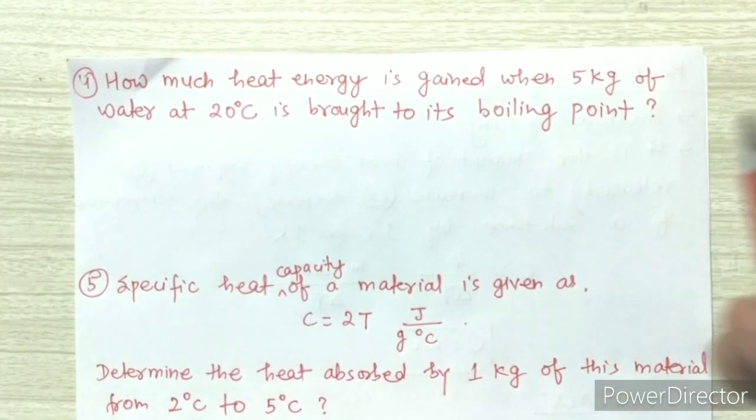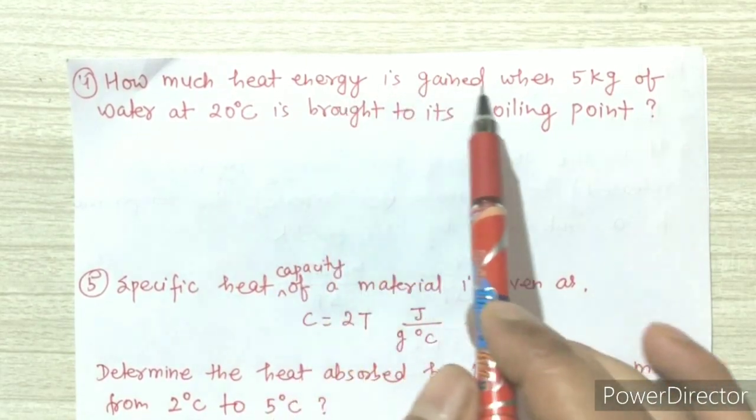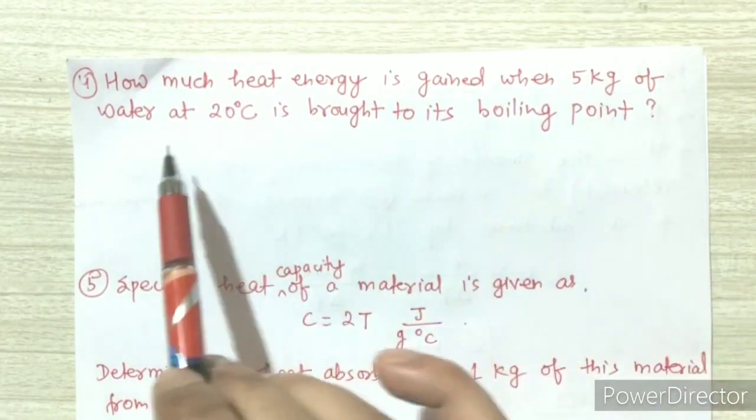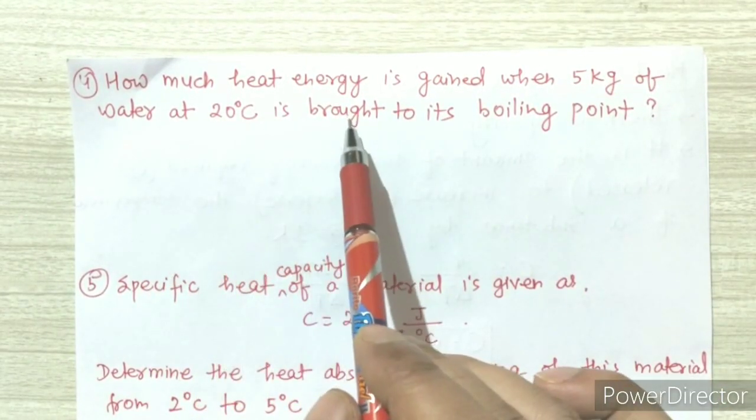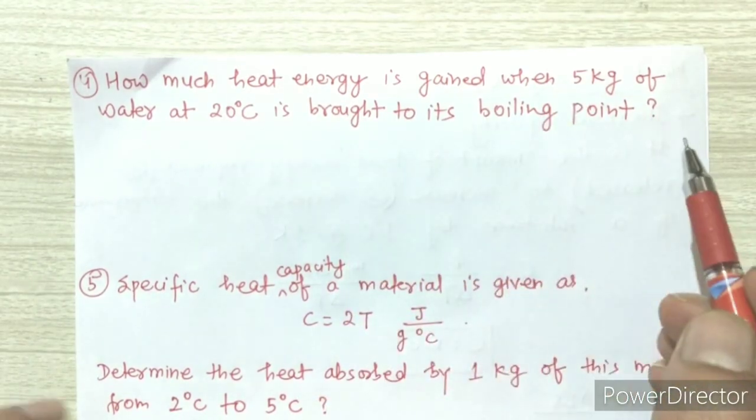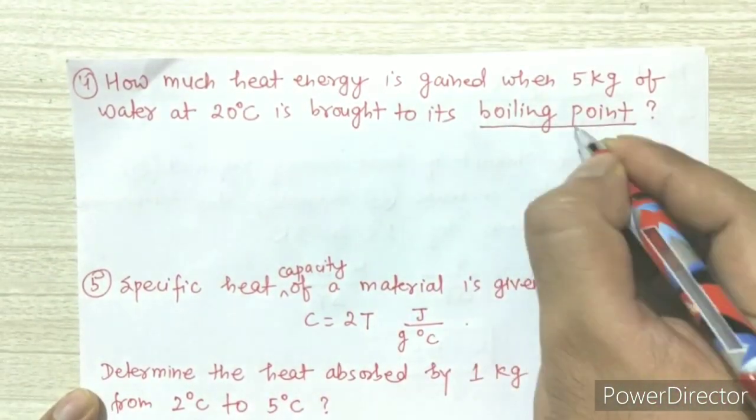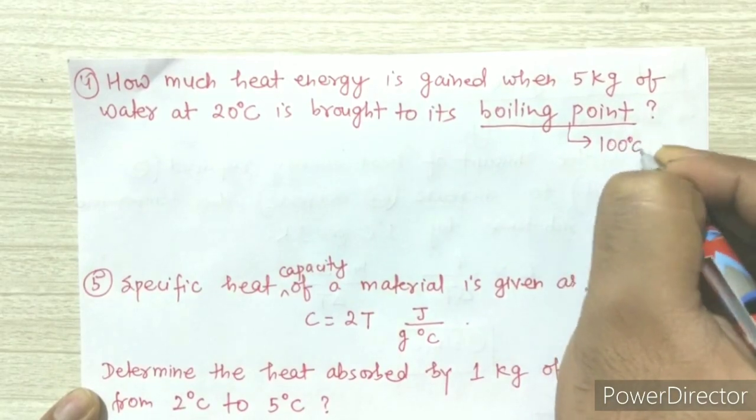Now let's see question number 4. How much heat energy is gained when 5 kg of water at 20 degrees Celsius is heated to its boiling point? We know that the boiling point of water is 100 degrees Celsius.